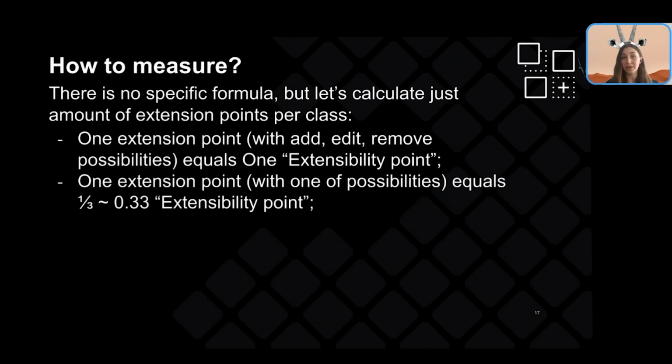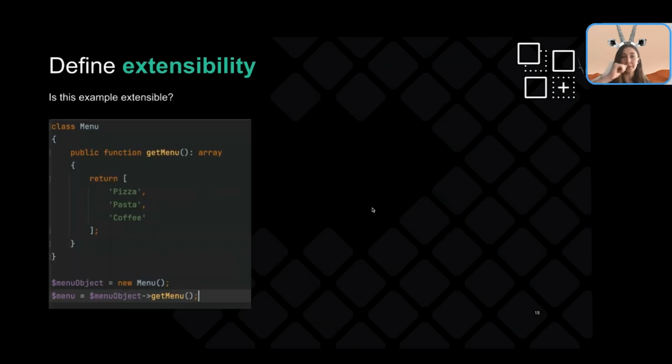If we have one extension point, but only with one possibility, either add, edit, or remove, then it's going to be one divided by all of the possibilities that we have. We have 3, so one extension point with one possibility is going to be 0.33 extension point. So let's move on.